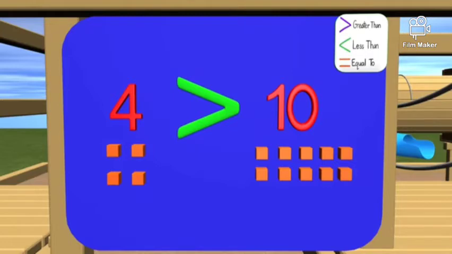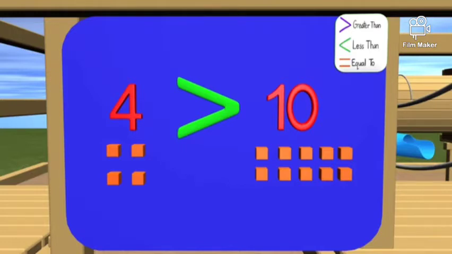Yes, greater than sign. No, you all are wrong. This is wrong, because the crocodile wants to eat the bigger number, not the small number. Now the crocodile is going to turn its face towards the bigger number.